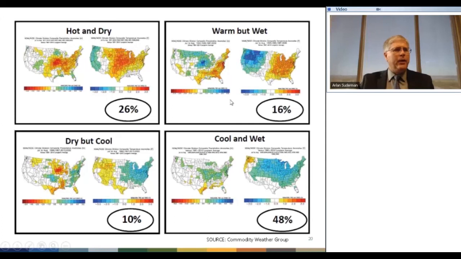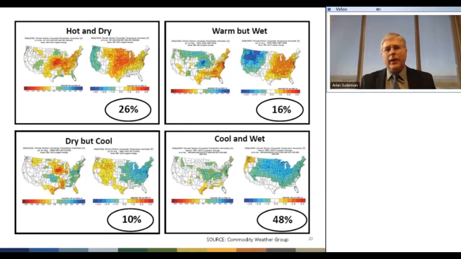Now, if you add up the odds for these three, which all tended to have above trend yields, you find basically 74% odds of above trend yields or some type of favorable growing weather conditions, because even where it's dry, it tended to be mild.